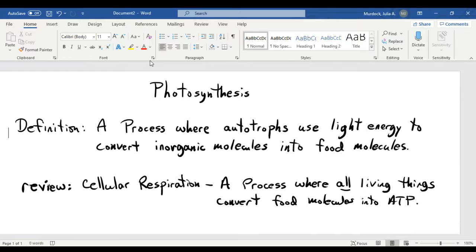Okay? All right, so you see how the word food molecule is in both photosynthesis and respiration. Food molecules are involved in both.